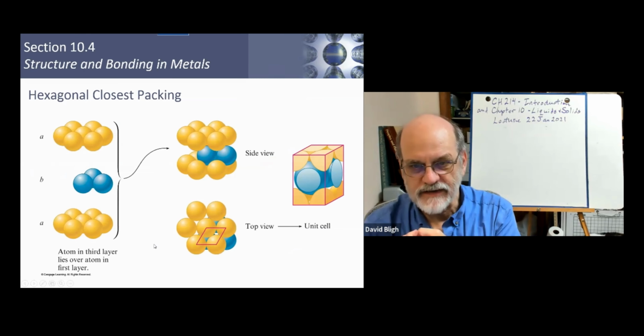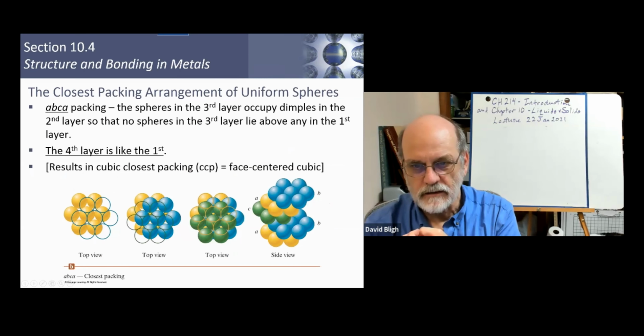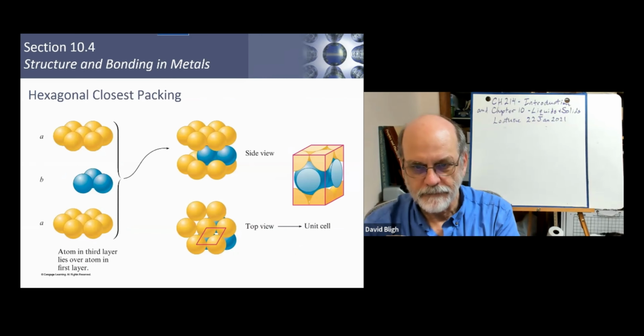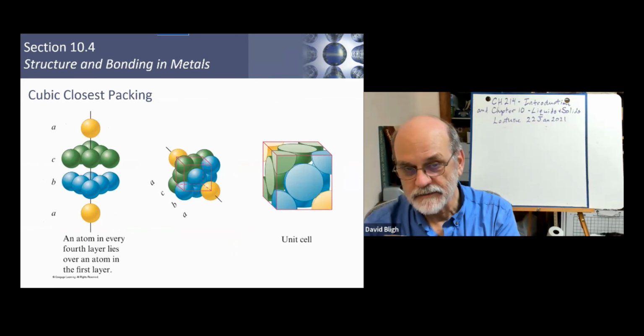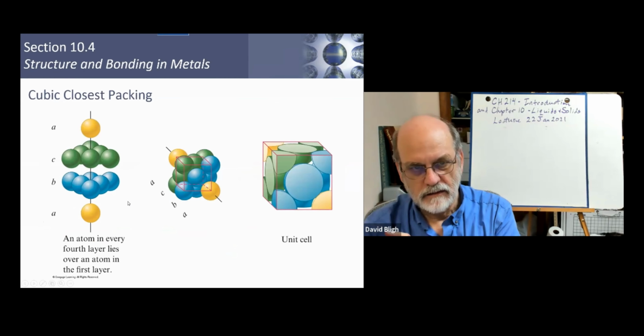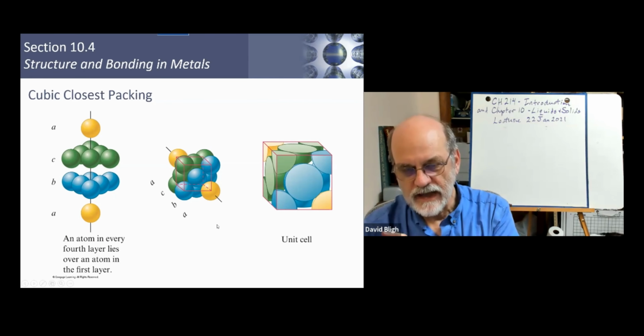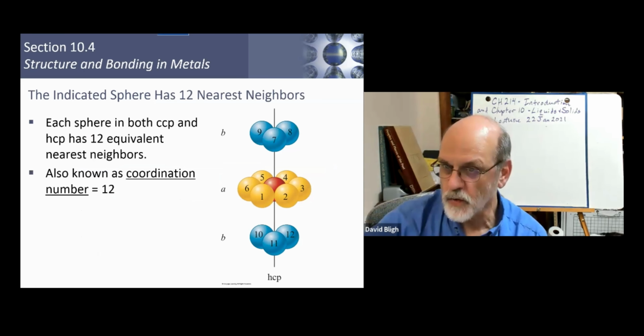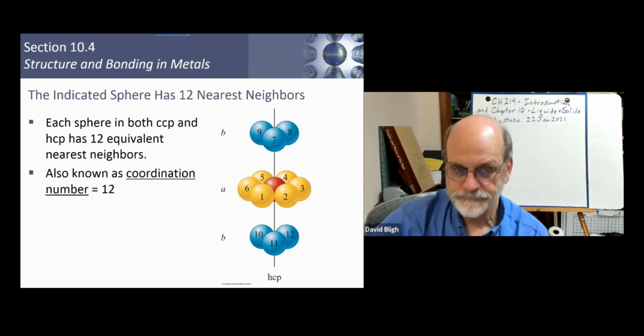ABCA is face-centered cubic. That's cubic closest packing, ABCA. We have 12 neighbors, so the coordination number is 12.